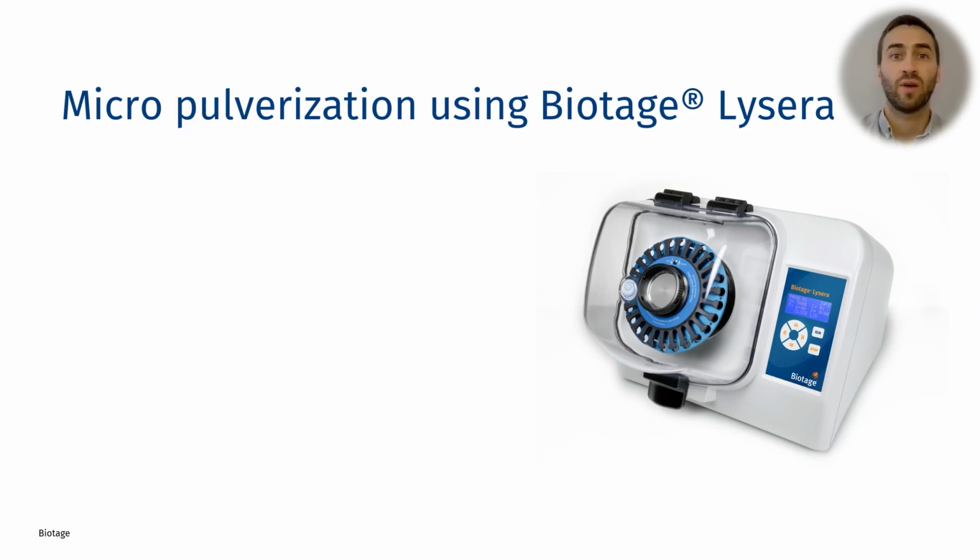For the nails, we used approximately 10 milligrams of nails, so a 2 milliliter tube was perfect, which allowed us to simultaneously pulverize 24 samples. We also have the opportunity to store up to 99 programs, so reproducible runs are just simple at a click of a button.